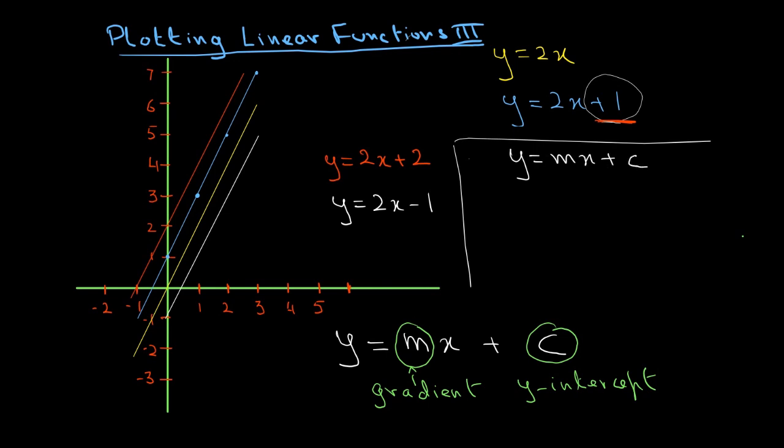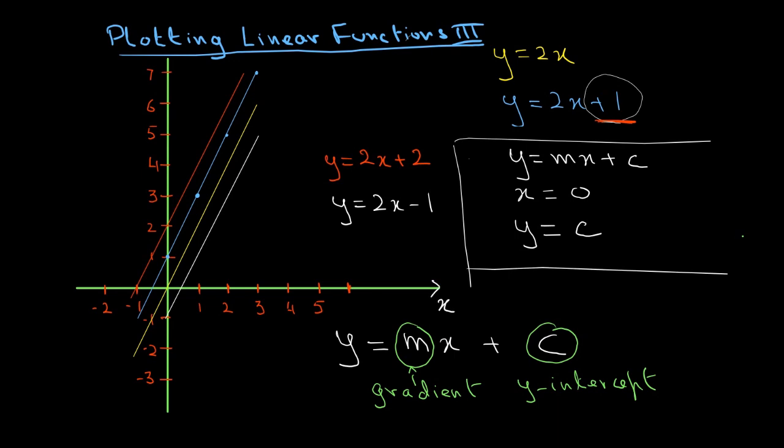When you set x equal to 0, y becomes equal to exactly c, because 0 times m is 0, and then y becomes equal to 0 plus c, which is y is equal to c.